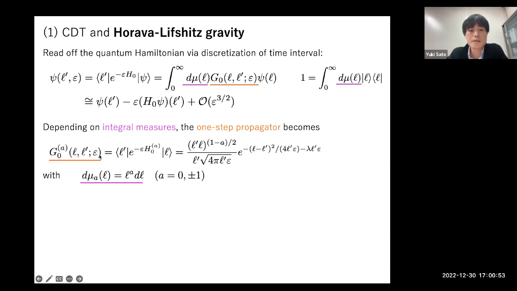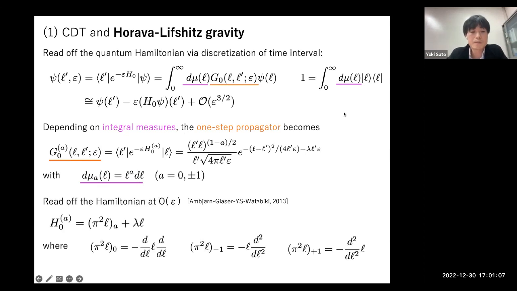So just plug this expression into this formula, and you can perform this integral because this is just a Gaussian integral. And then at the next to leading order, you can read off this H0, the quantum Hamiltonian.